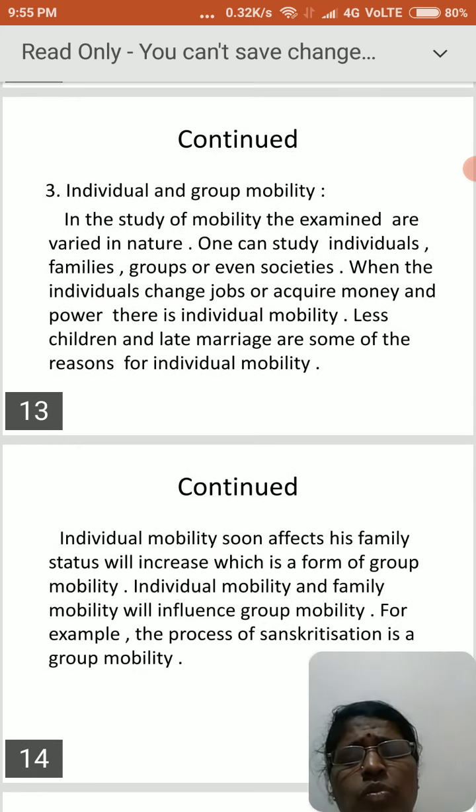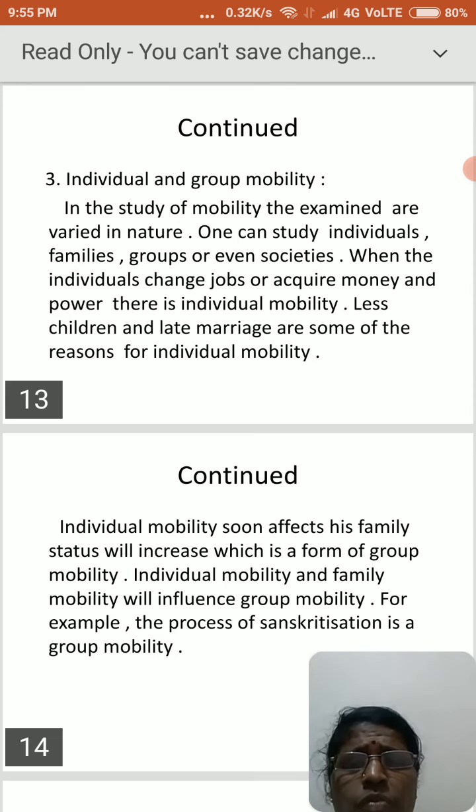And fourthly, individual mobility and group mobility. In the study of mobility, the units examined are varied in nature, and one can study individuals, families and groups, or even societies. When individuals change jobs and acquire money and power, there is individual mobility.